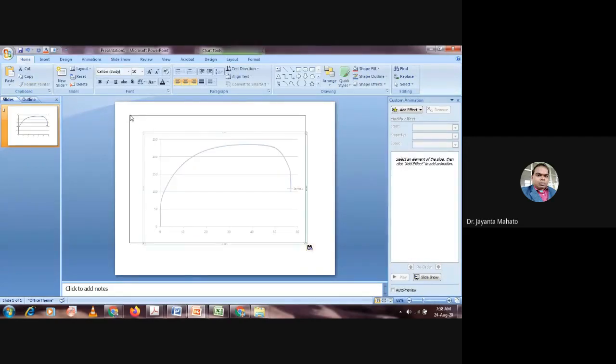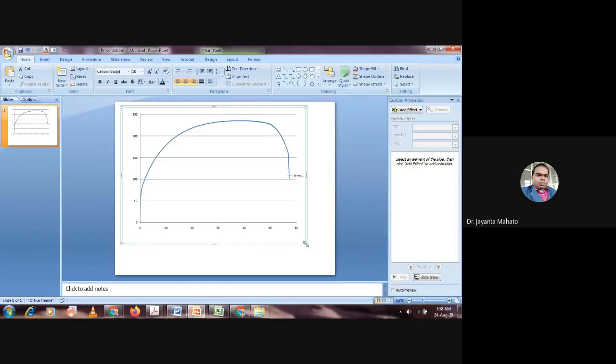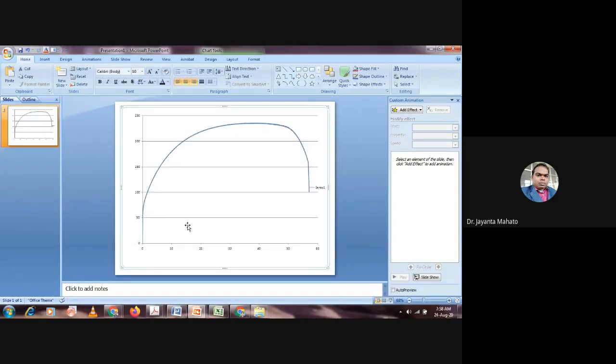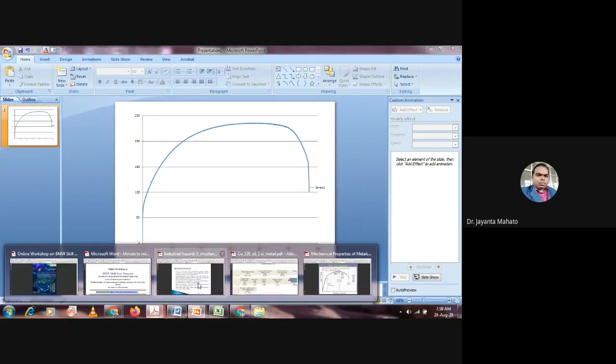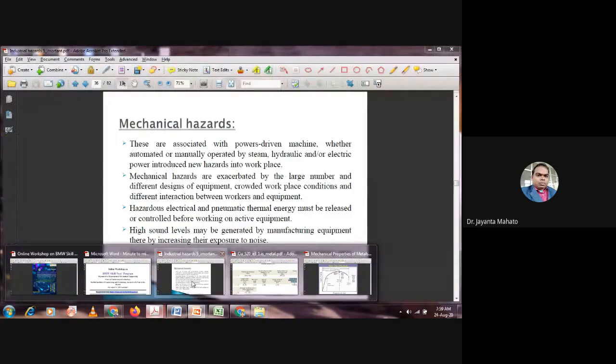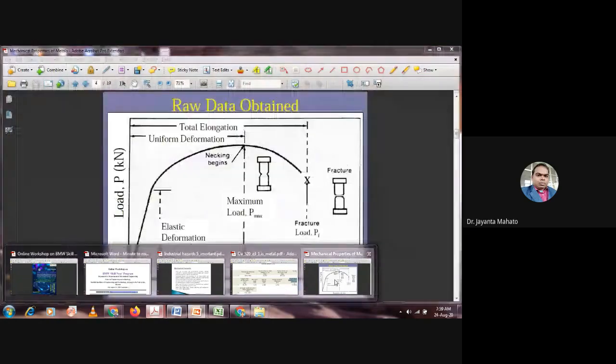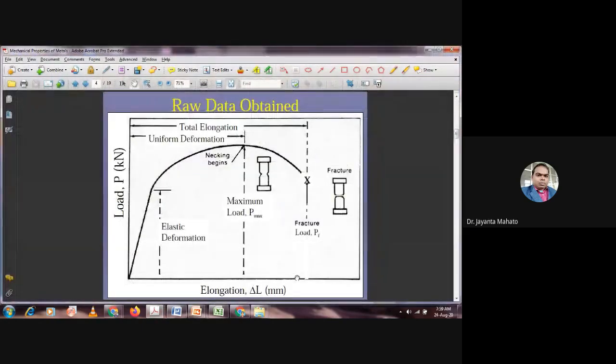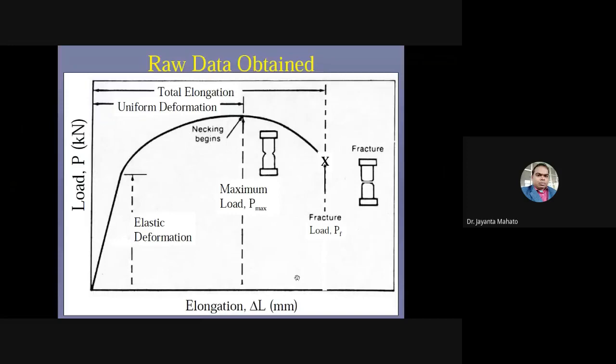So this is the stress strain curve. From this raw data, you can construct a load extension or stress strain curve.